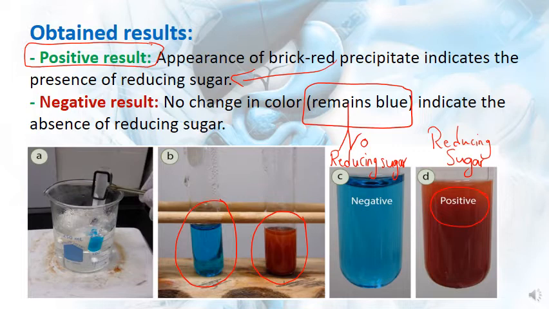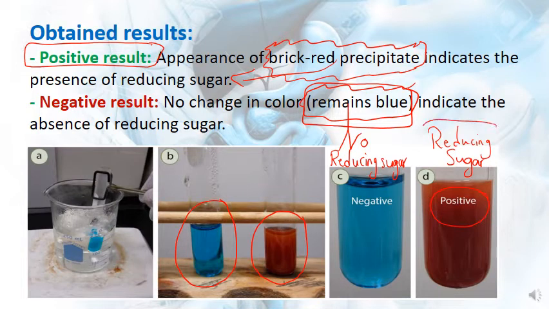Then step number 3, we heat the test tube gently over the Bunsen burner, which is the source of heat. If it's a positive result, we have a brick red precipitate, meaning that we have reducing sugar. If there is no reducing sugar, it's a negative result and the color remains blue.